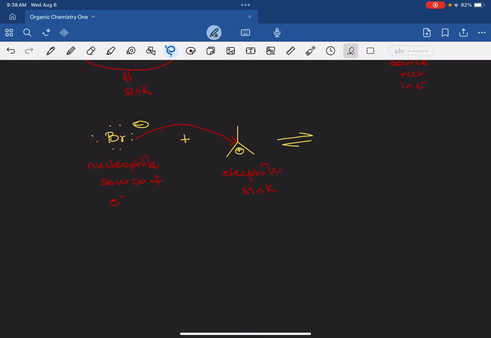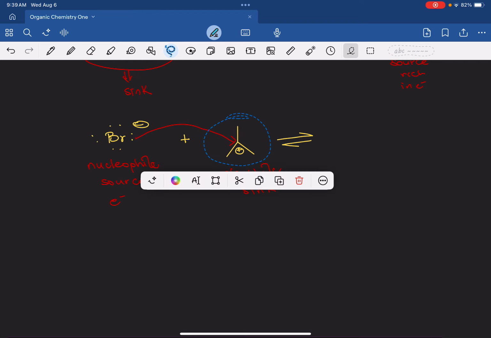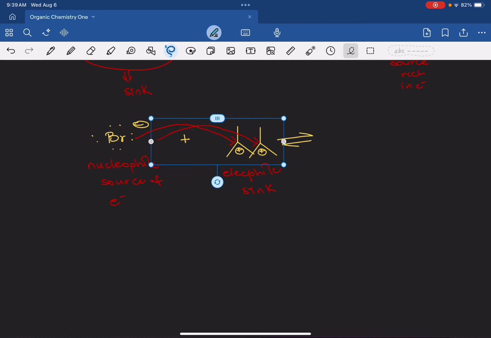So let me do this. Get rid of the arrow. And of course, there's no positive charge. Something I want you to remember: when you're drawing your product, please put everything back.